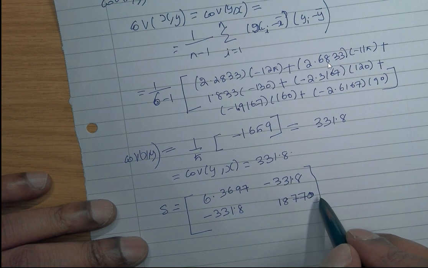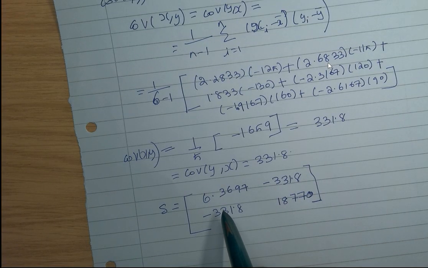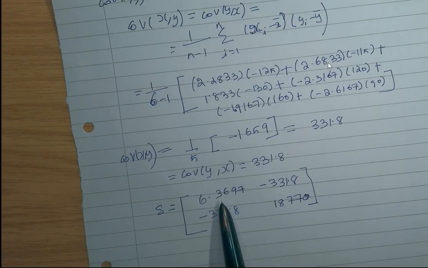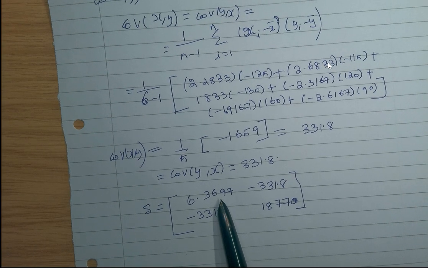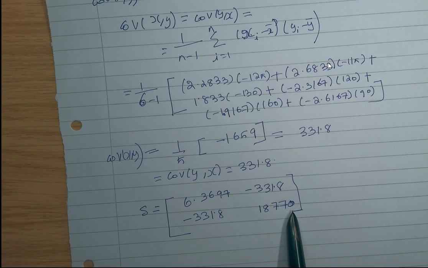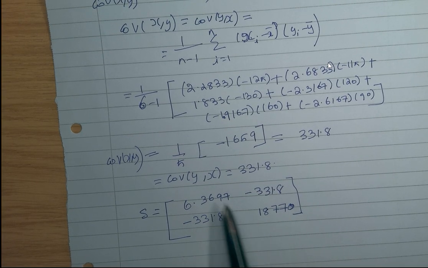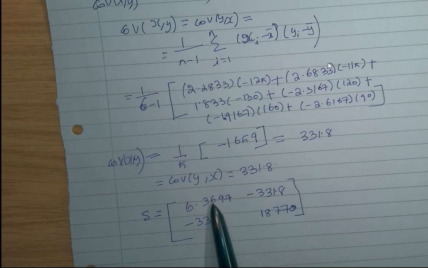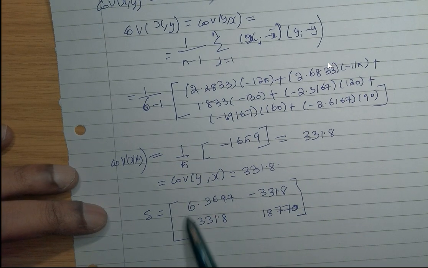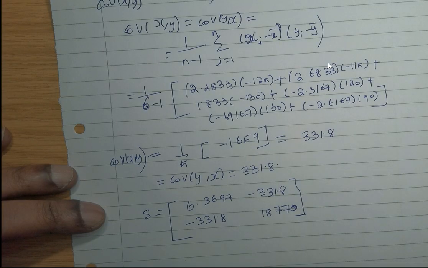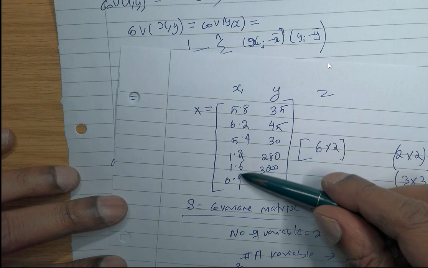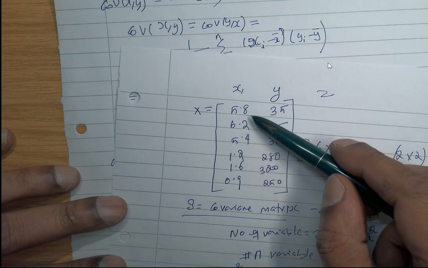Now it's time to take a pause and think about these numbers. If you see here, covariance of x comma x is 6.3697, and covariance of y comma y is 18770. What does that mean? It tells something about the variance, or the spread, in the data. If this number is small, that means these numbers are closer to each other, ranging from 0.9 to 5.8.